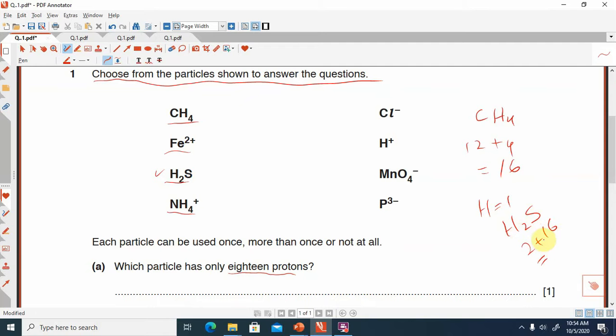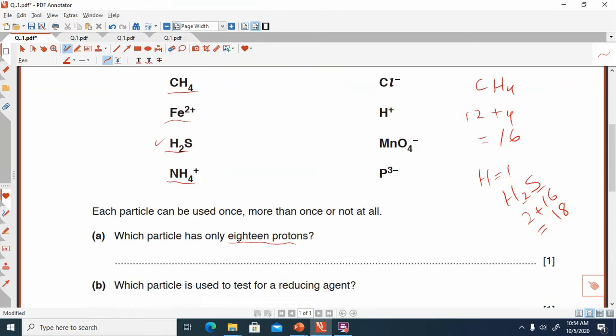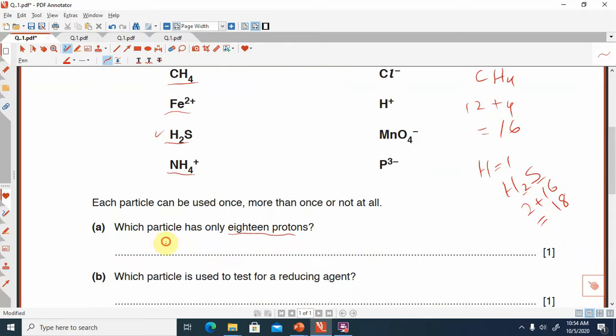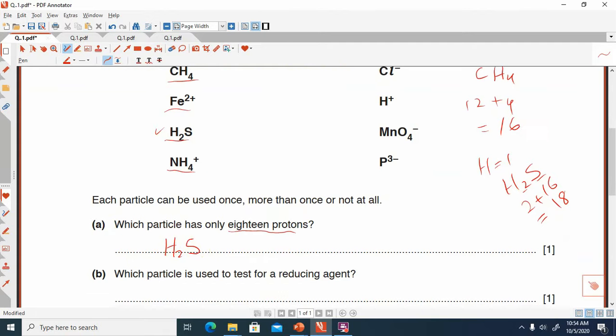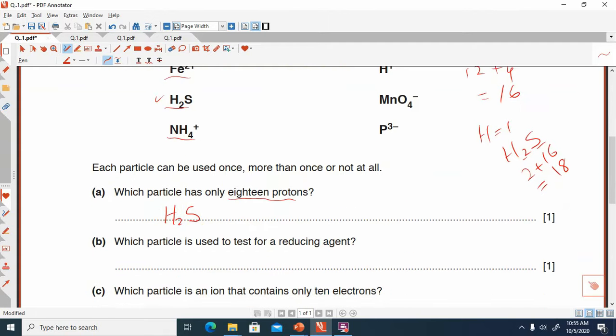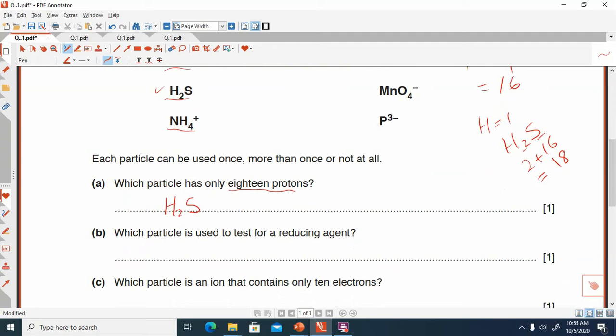When you add, you will get 18 protons, right? So 2 from the hydrogen and 16 from the sulfur, you get 18 protons. So you will write here the answer, that is H2S, hydrogen sulfide.